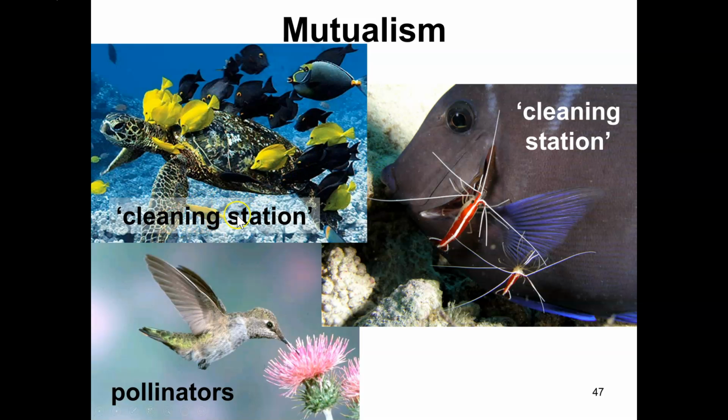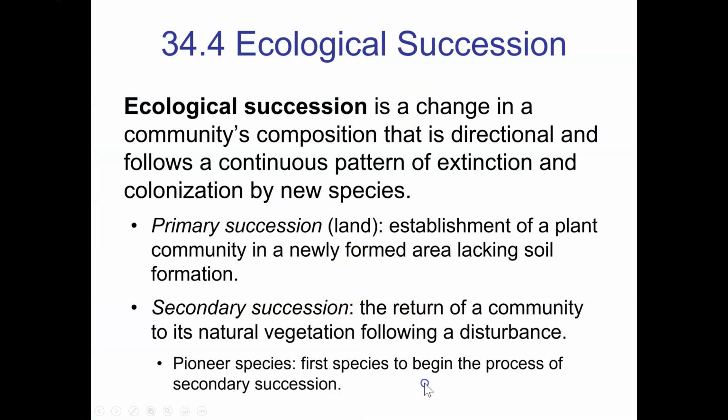So here we have a cleaning station where you have fish eating material off of this large turtle. And so he's getting cleaned and they're getting nutrients. Here's another example where you have these tiny little shrimp doing the same thing in the gills. And then here we have a pollinator and a plant.